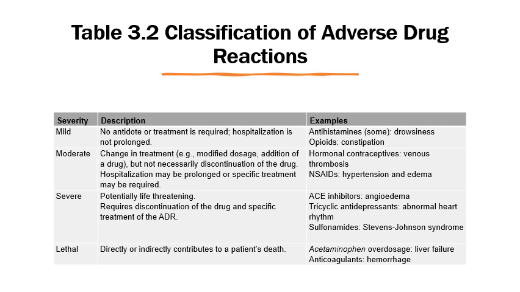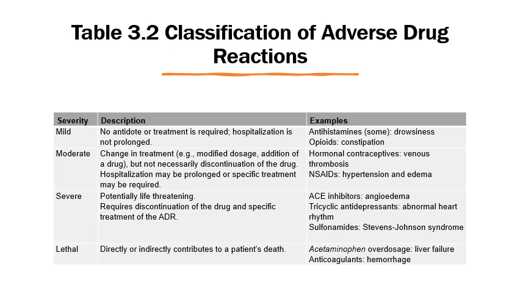Moderate, there typically needs to be a change in the treatment, not necessarily a discontinuation of the drug. Typically, in the case of a moderate adverse drug reaction, they'll just look to modify the dose or maybe add a different drug to counteract. Again, there may be hospitalization that may have to be slightly prolonged. In severe instances, this could be potentially life-threatening.